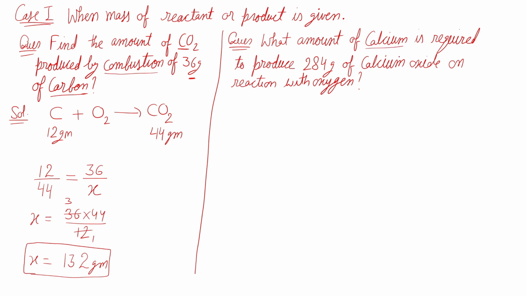The amount of calcium has been asked of you, which produces 284 gram of calcium oxide on the reaction with oxygen. Because regarding the amount of oxygen there is no statement or value given, it means we will assume that as much oxygen as we need will be available in a sufficient amount. Okay. So now first of all we have to put the reaction there.